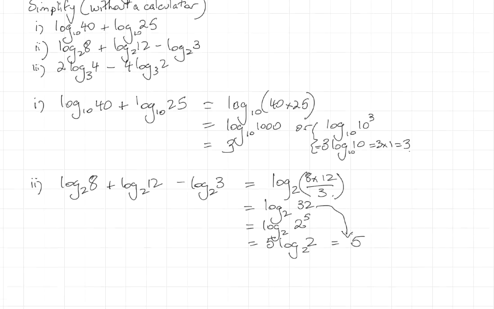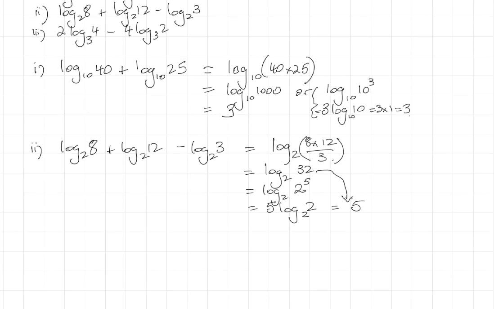Third one. So we've got 2 times the log of 4 to base 3 minus 4 times the log of 2 to base 3. Alright, so we're subtracting, so it means we must be dividing.